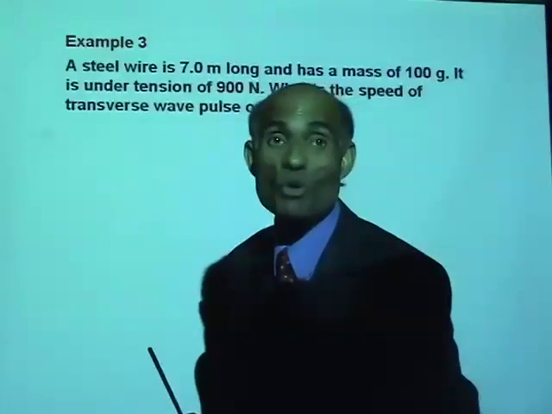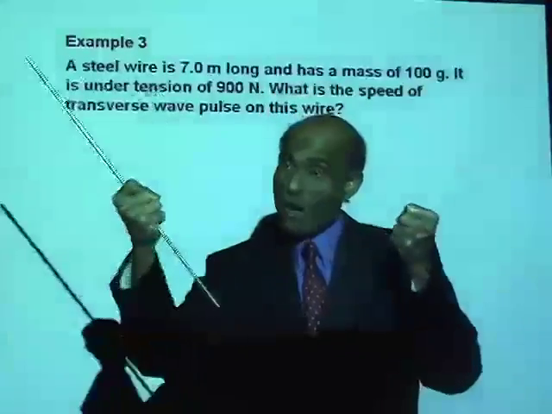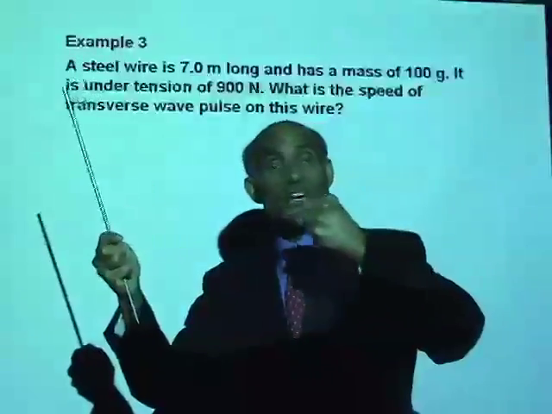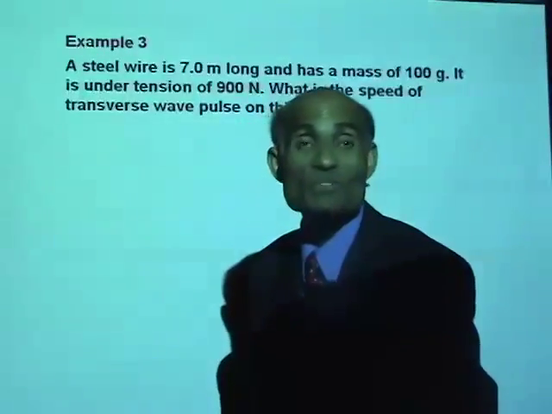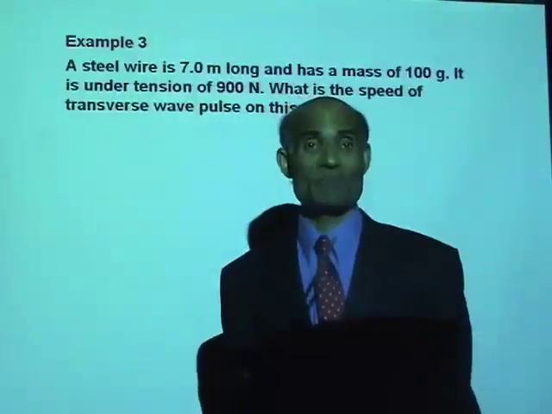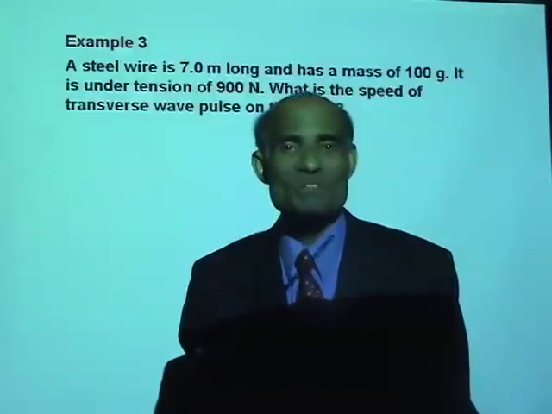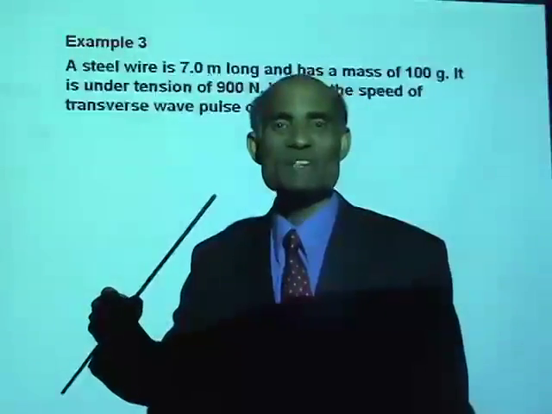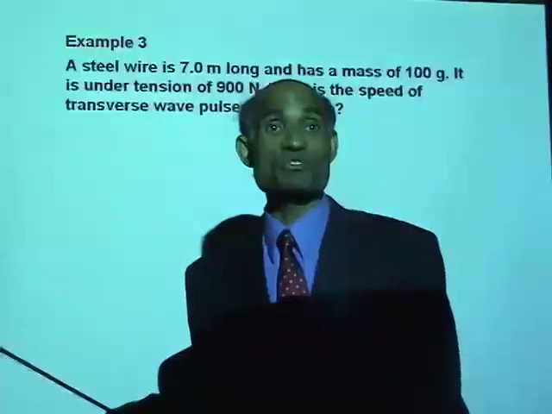So here we are talking about a stretched wire. We need to calculate the speed of transverse waves on that string. Can you recall the equation we developed for the speed of transverse waves on a stretched string?